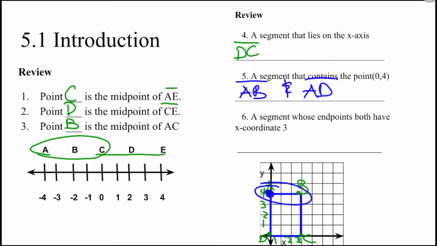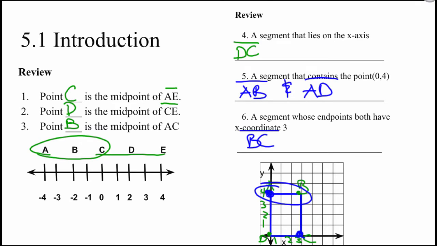Okay, now, last one, a segment whose endpoints both have the x-coordinate 3. So, right, our endpoints have the x-coordinate. Now, which one would it be? Addie? Line segment BC and line segment DC. You have BC, correct?